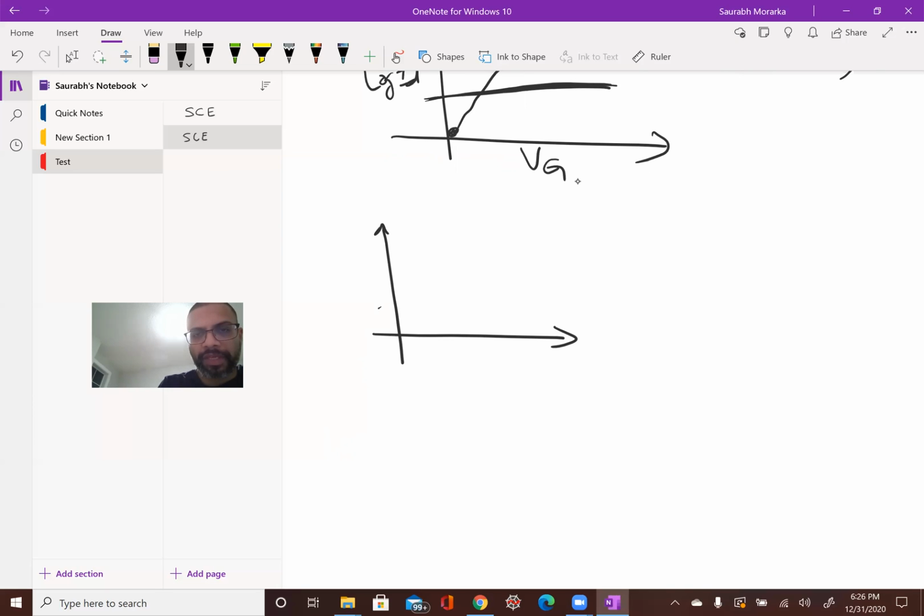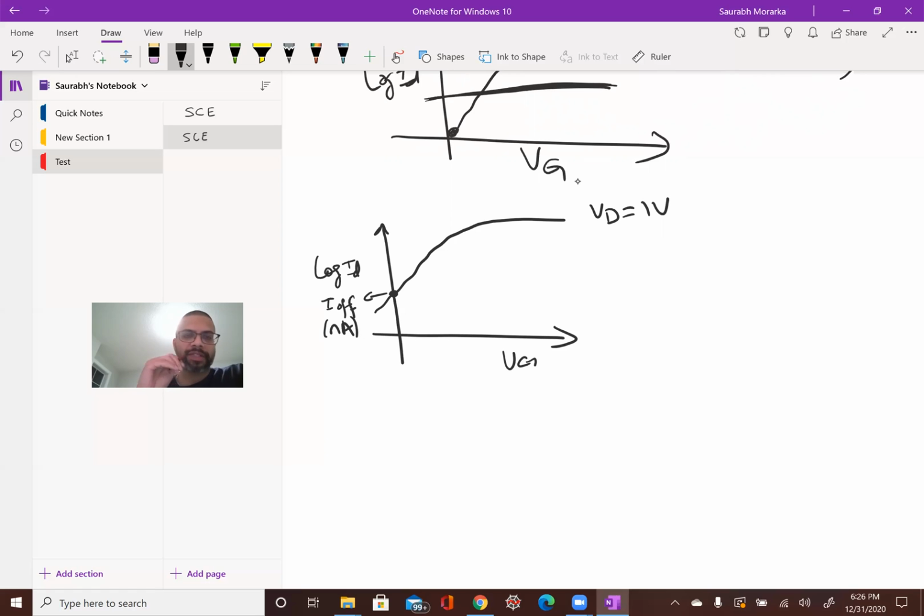So let me create a curve with a bad DIBL device, which looks like this, and I'm only plotting for the VD of 1 volt in this case, right? Now, this point that I'm highlighting here is what is called the off-state current, I off, usually in nanoamps.